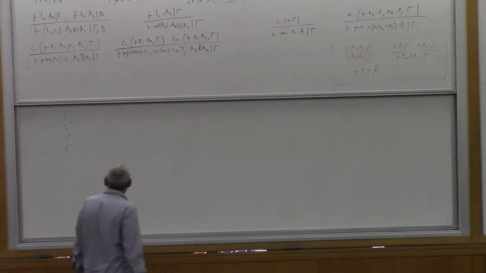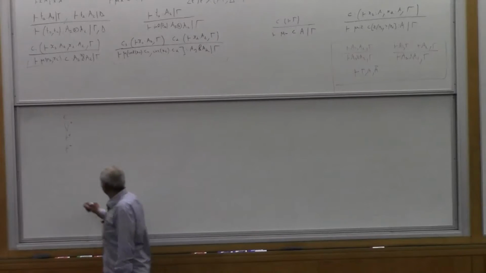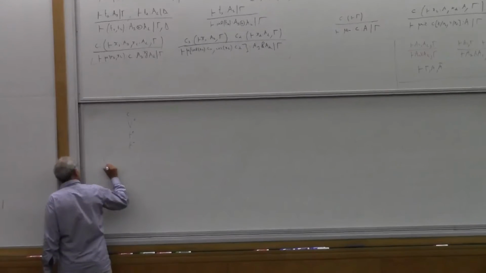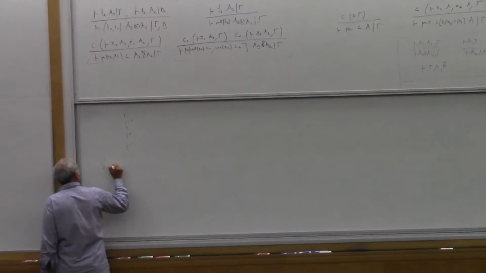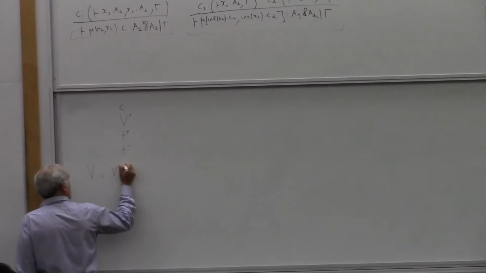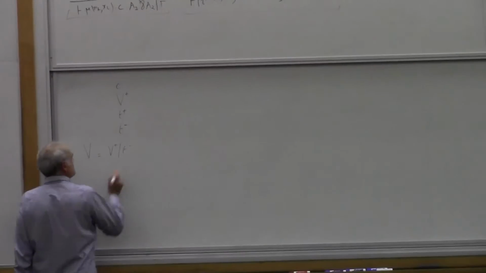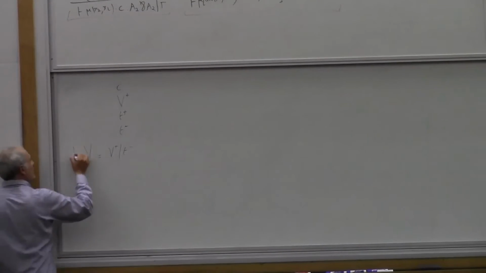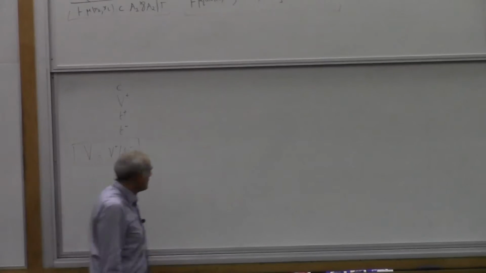Okay? And I will need an auxiliary definition, which is that V is the same as V plus or T minus. Okay, so I will use V to stand either for V plus or T minus.